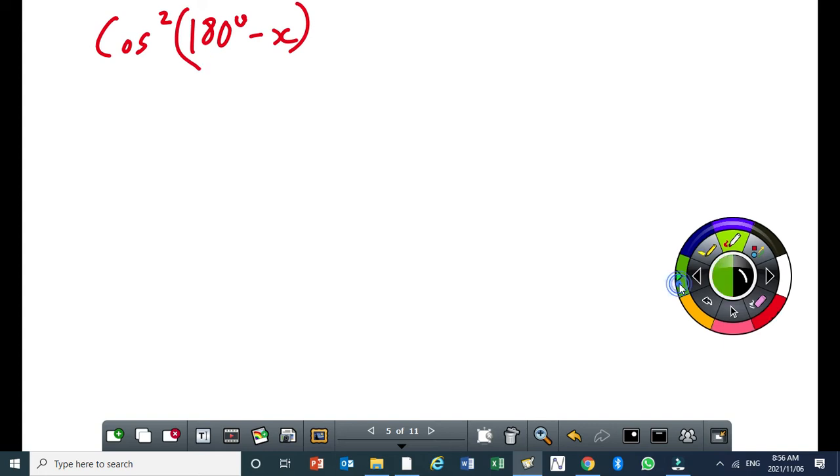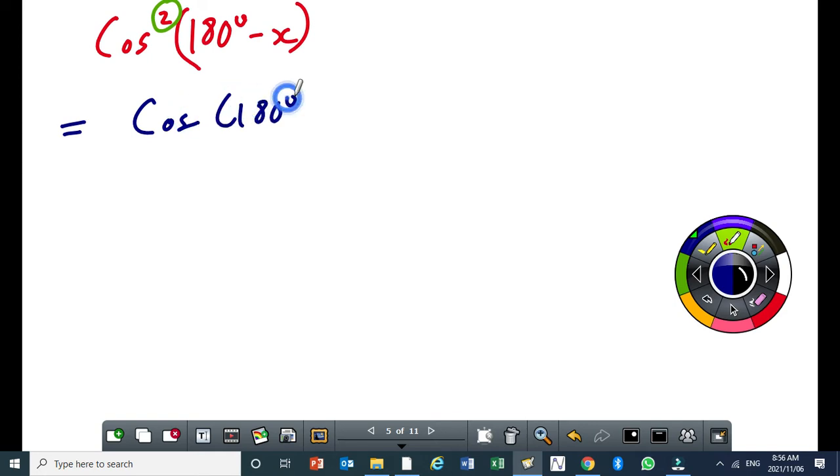The main problem is simplifying it because of that. Now, what you need to know is that cos squared (180 degrees minus x) is the same as cos (180 degrees minus x) in brackets, then you put a square bracket. Whatever you get inside there, you square it. That's what it means. Right?